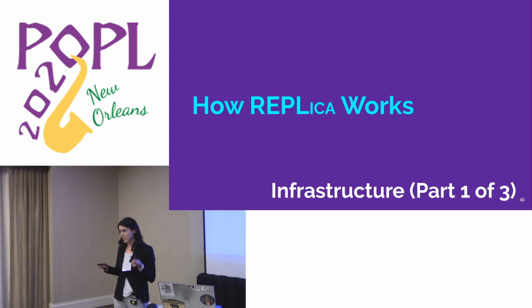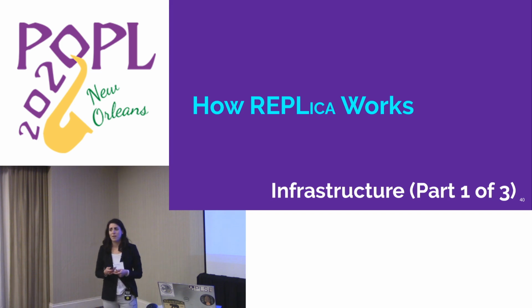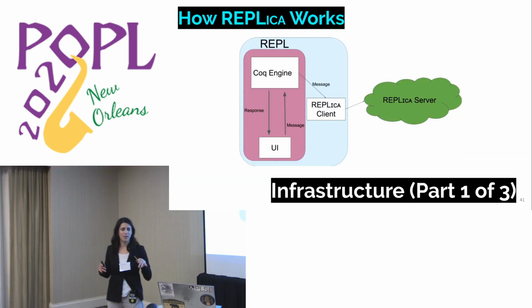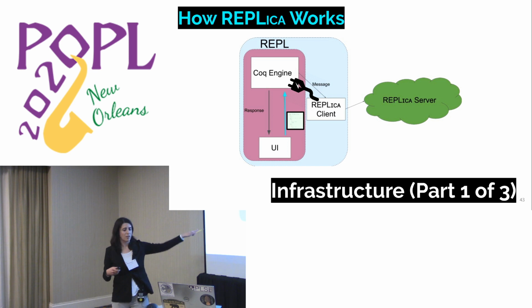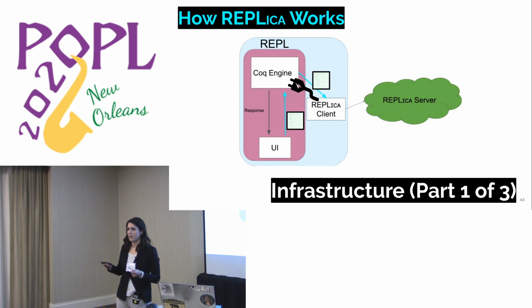Now, there are a lot of details about how this works in the paper. Just briefly, though, essentially, REPLica is made up of two parts, a client and a server. So this client is a Coq plugin. And whenever this Coq plugin is installed, every time that the user makes a change and the UI sends something to Coq via the REPL, Coq will just forward that on to the plugin, to the REPLica client.